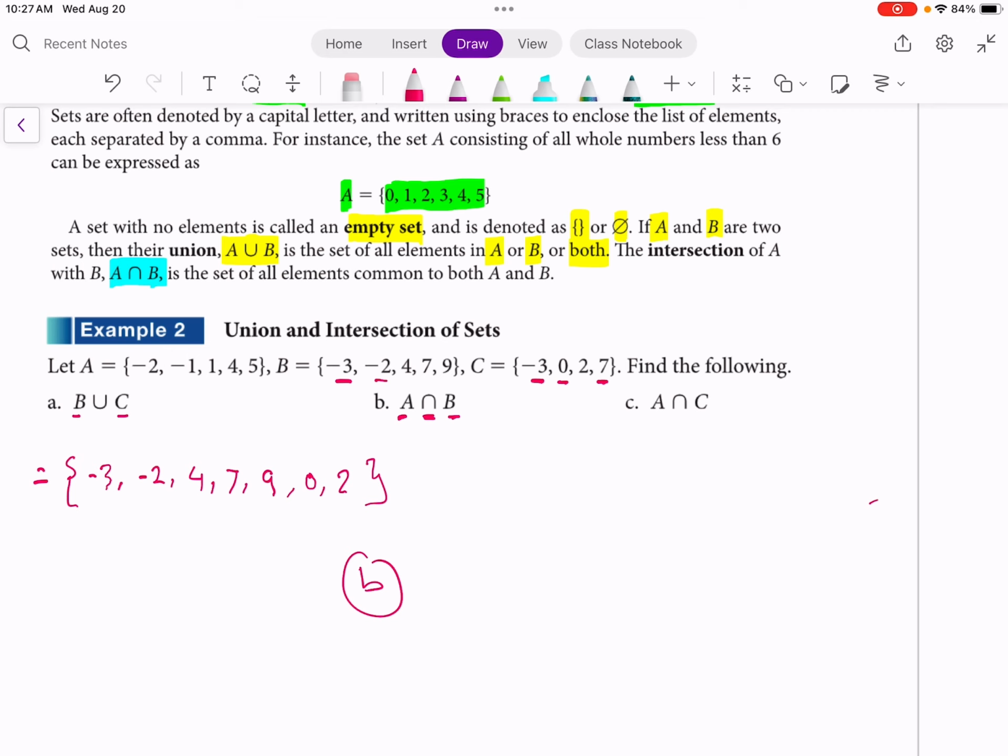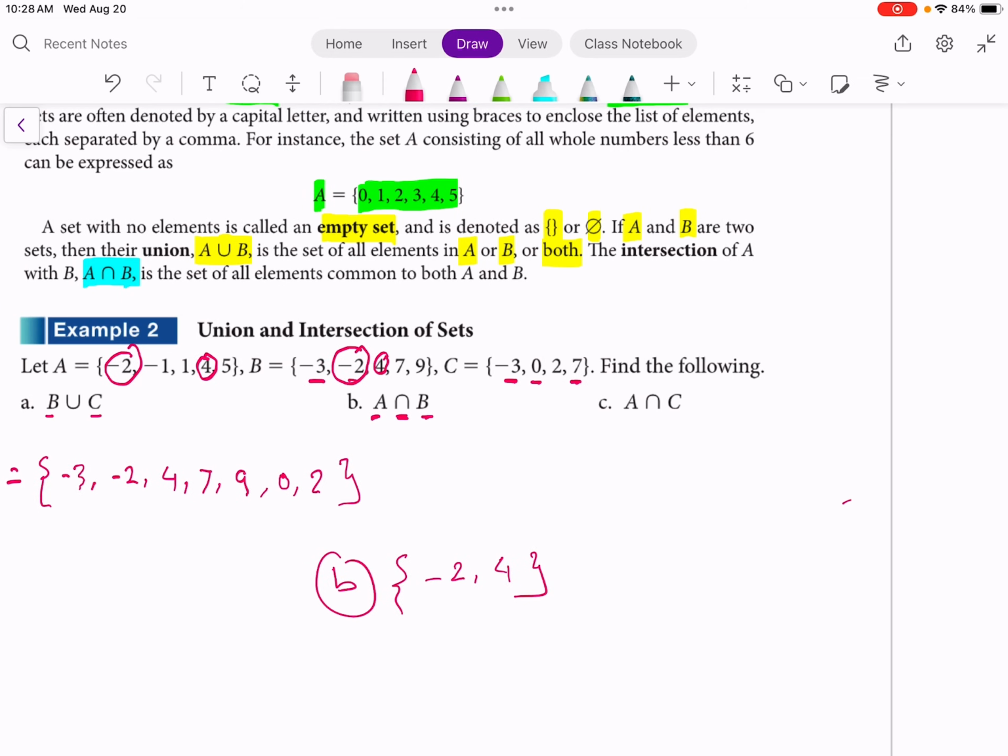What do we have as common? -2 and 4, right? We have -2 here and -2 here, and we have a 4 and a 4. So every common element is the intersection. So A intersection B is -2 and 4.